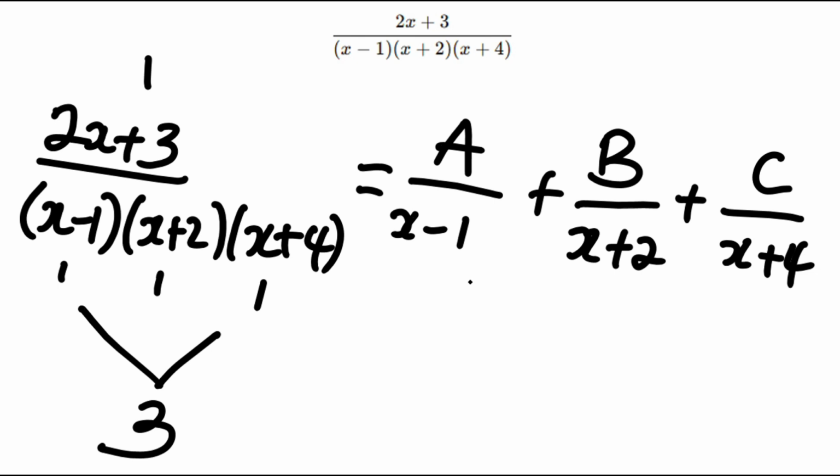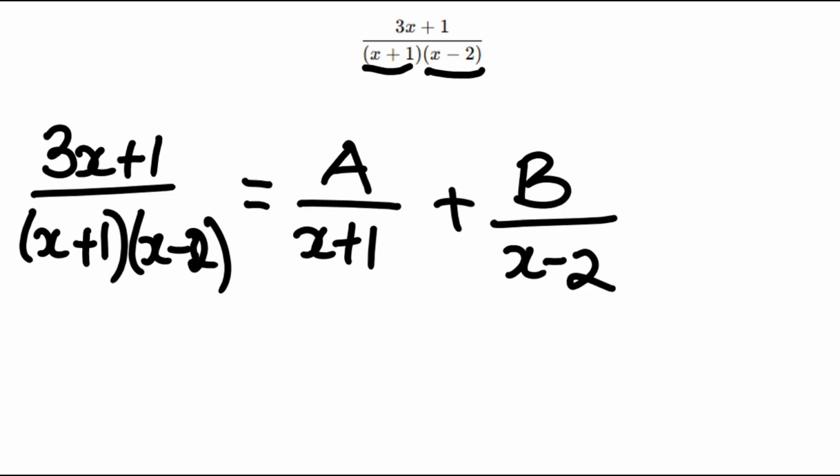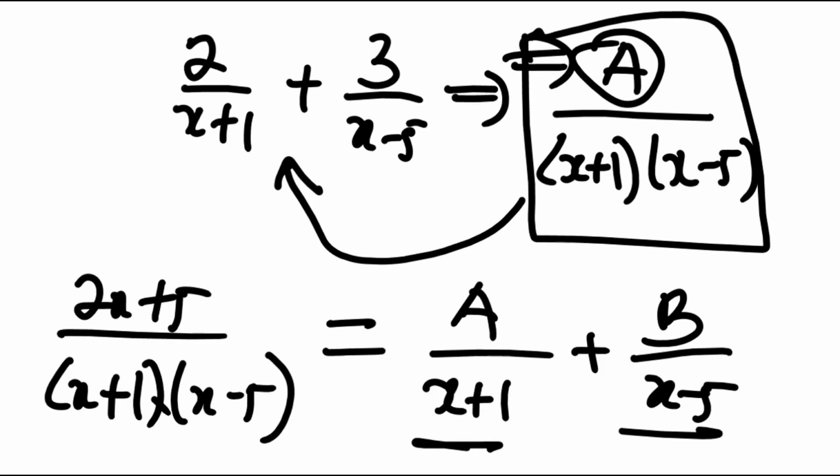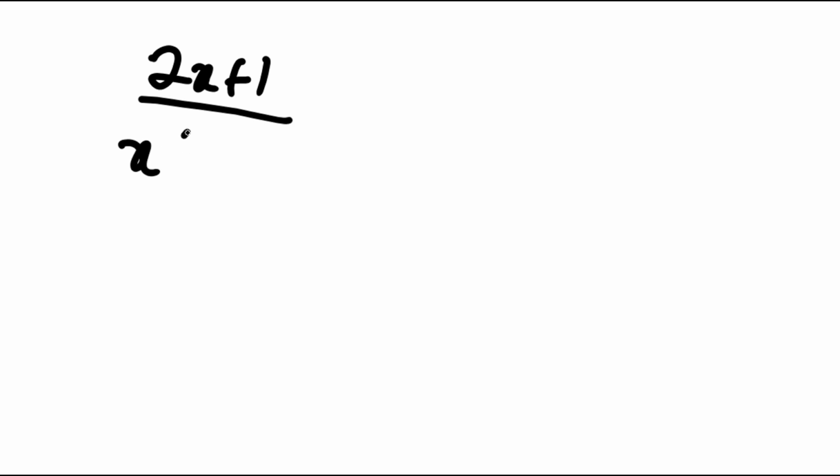So let me give another example, let's say 2x plus 1 all over x multiplying x plus 3. You can see that x alone, standing on its own, is one factor, multiplying another factor.